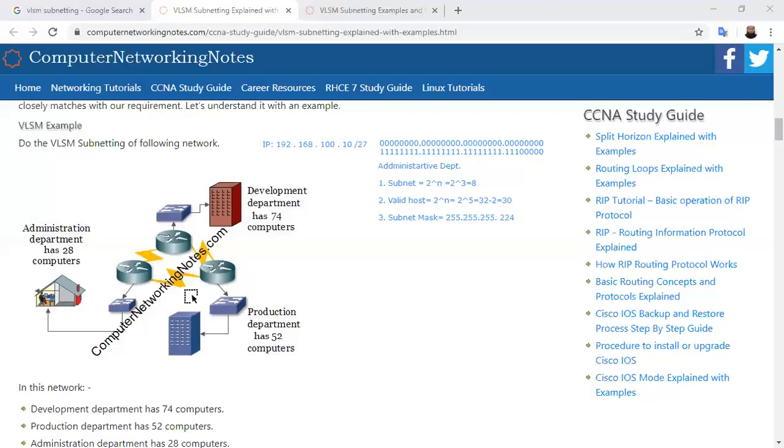If this question comes in our examination, we can give the answer this way, and also we can write beside this picture slash 27, or we can write only the subnet mask 255.255.255.224. This is the answer.